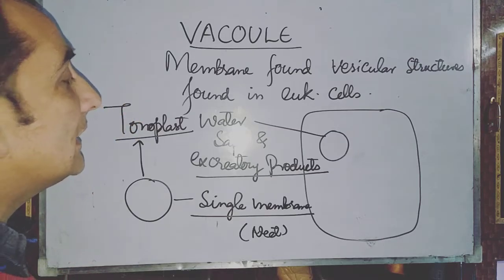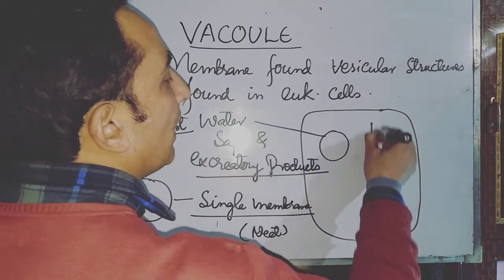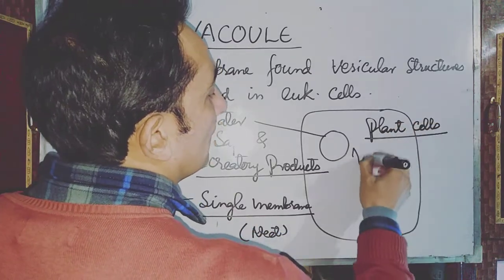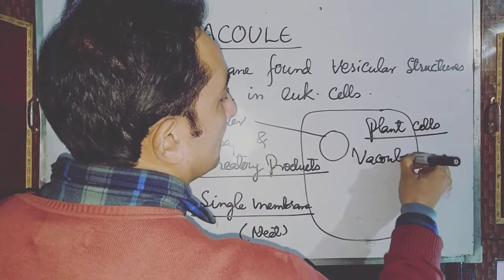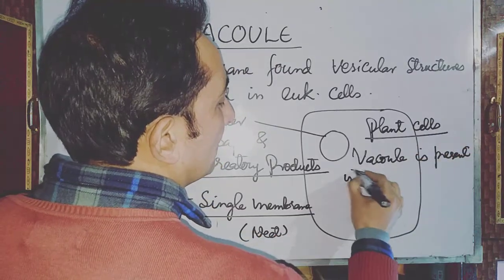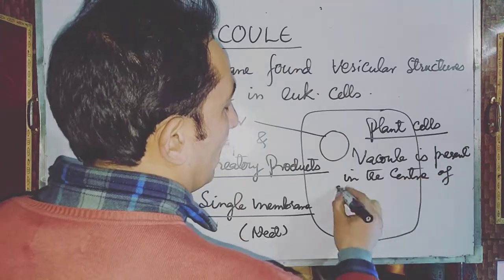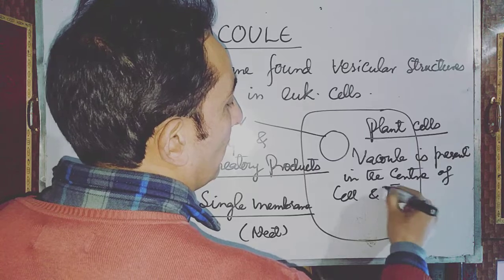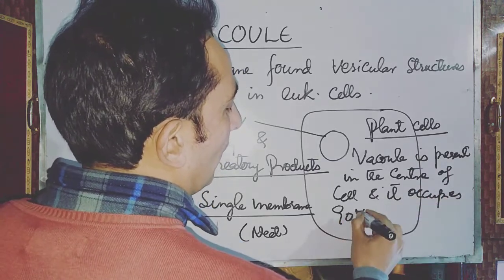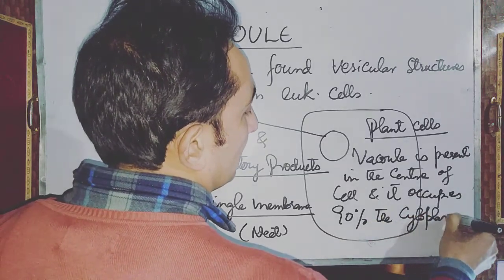After that, you will see that in plant cells, the vacuole is present in the center of the cell, and it occupies 90% of the cytoplasmic space.